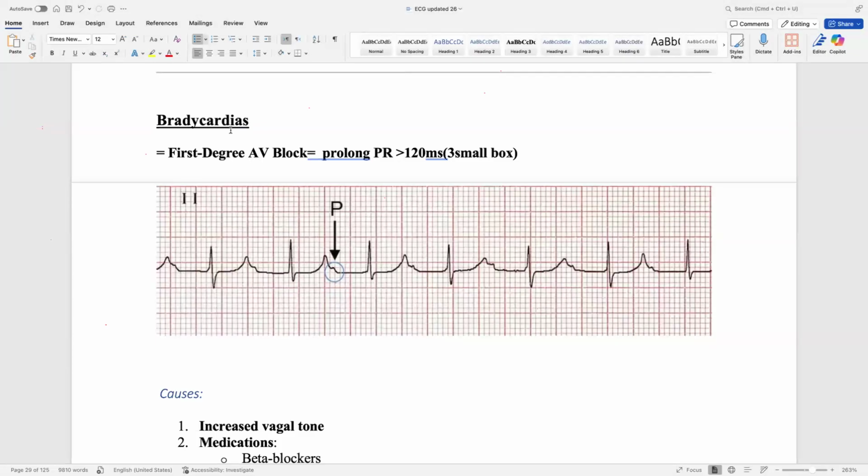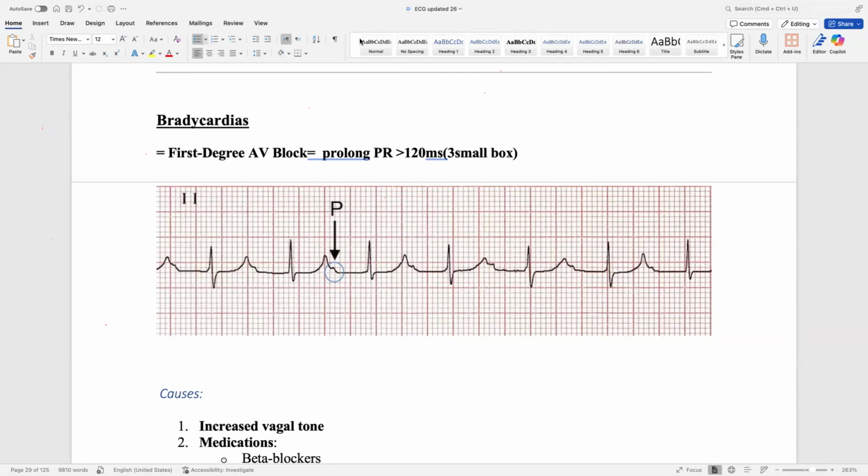Now to the bradycardia. Bradycardia could be sinus bradycardia, that means the sinus is not discharging fast, or there is AV nodal bradycardia.